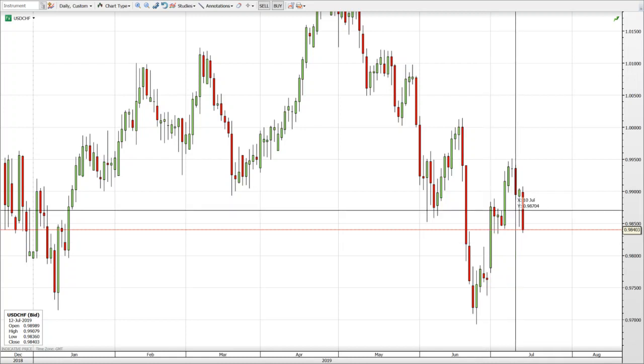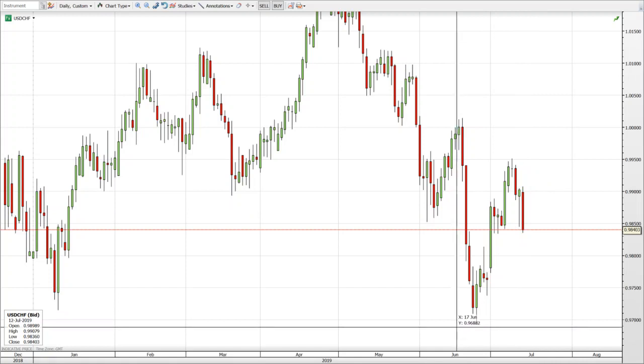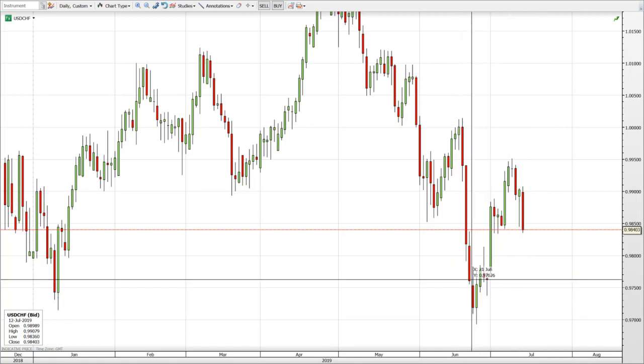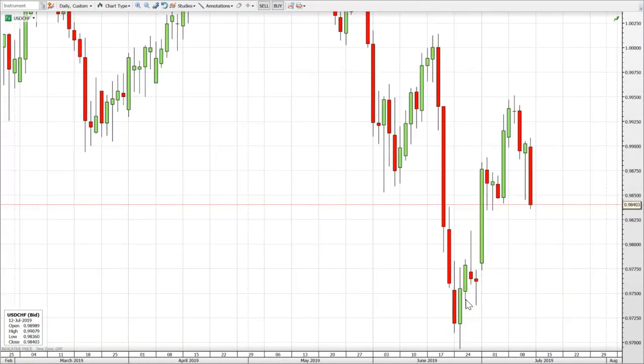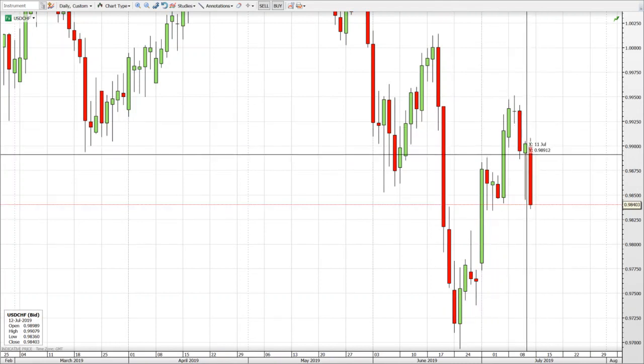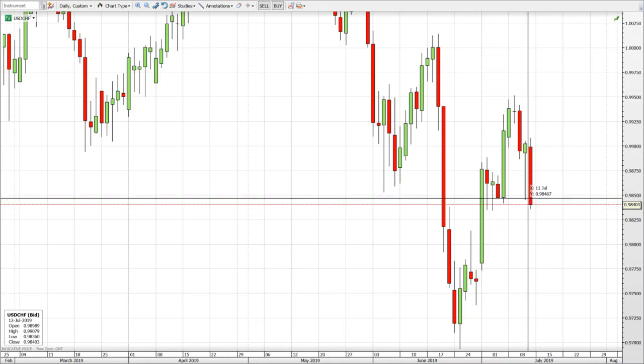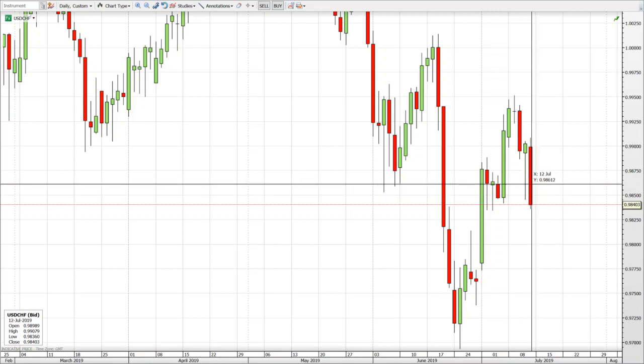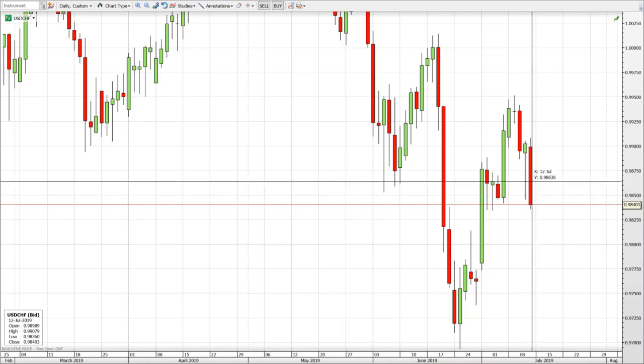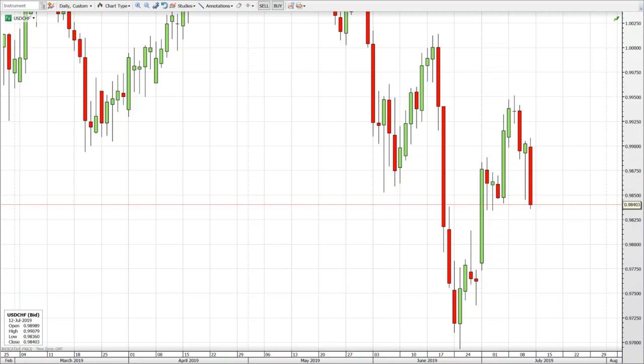Seeing that the price action wasn't great, and the idea of the initial thesis of the trade was that we were seeing a bit of a bounce, I think after seeing that candle, I probably should be getting out of a little bit more of my US dollar against the Swiss franc position.